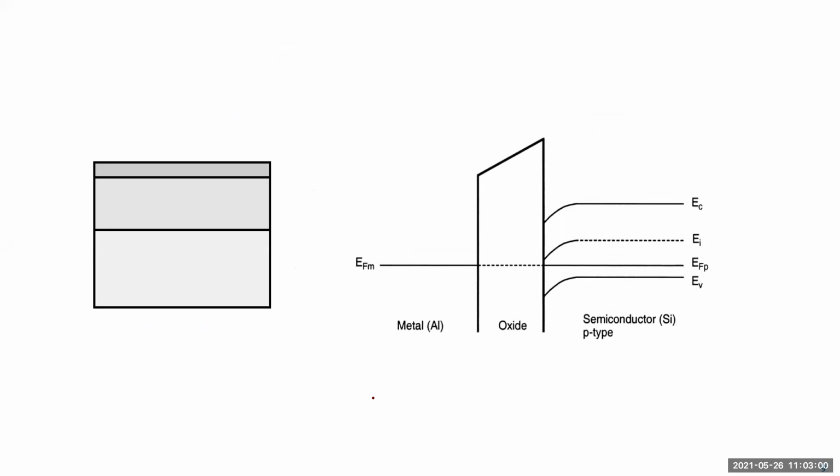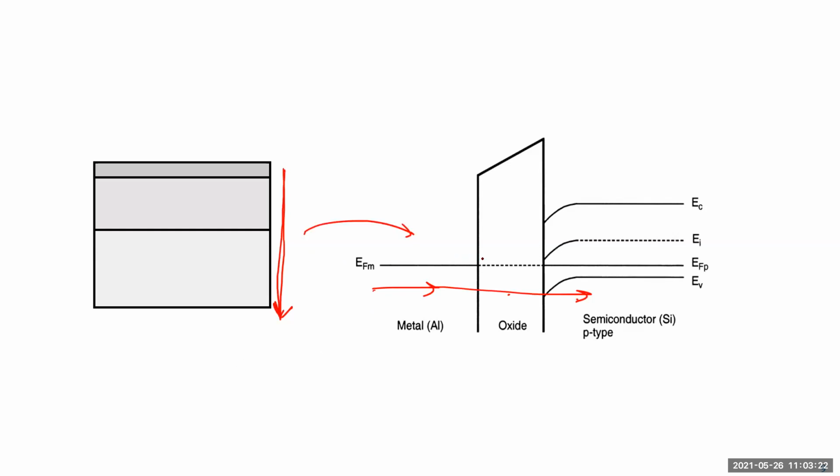I quickly showed you the band diagram also. Just to be clear, this direction is basically this direction here: you're going from metal to oxide to semiconductor. So that's the band diagram.